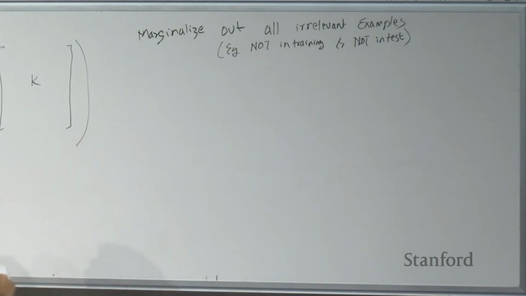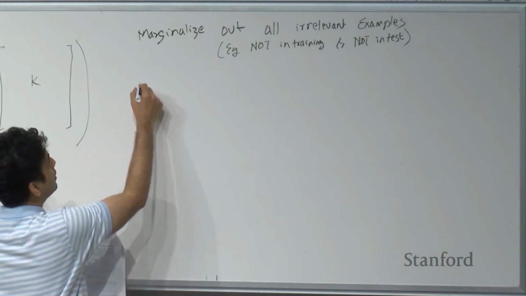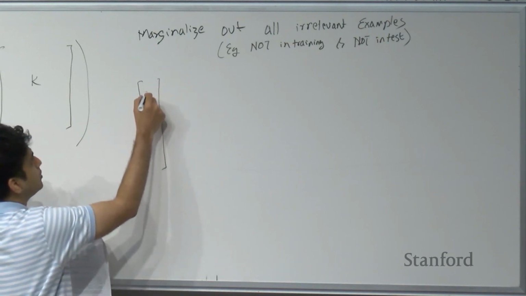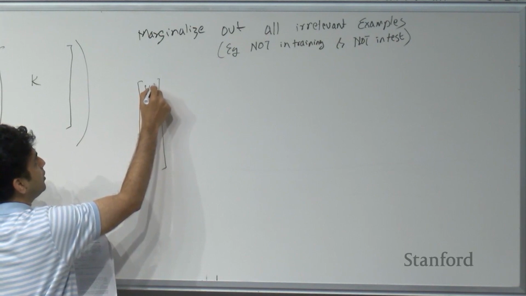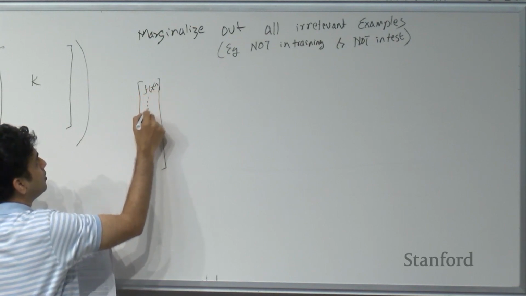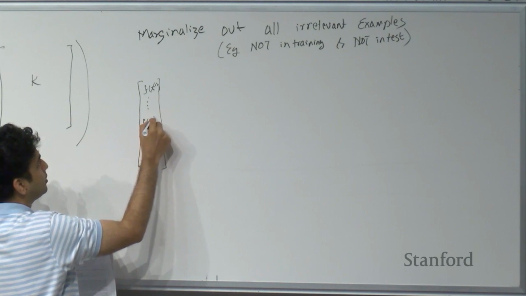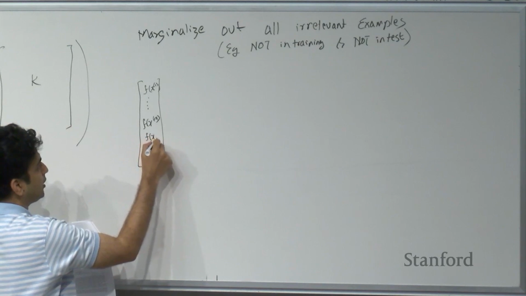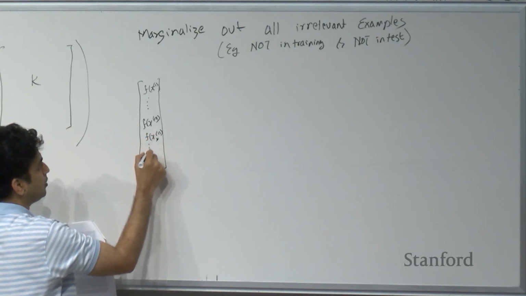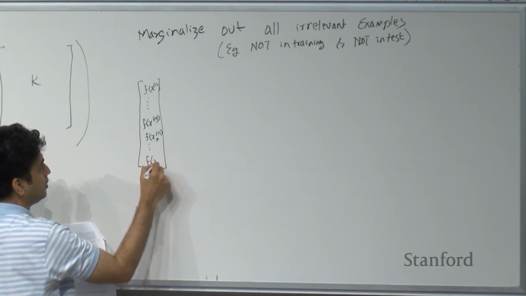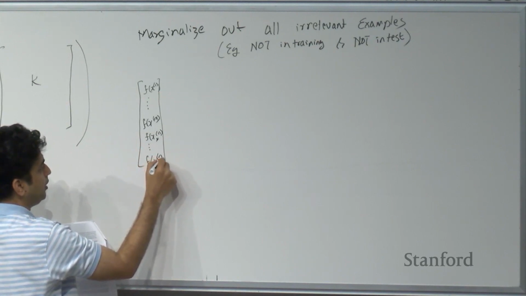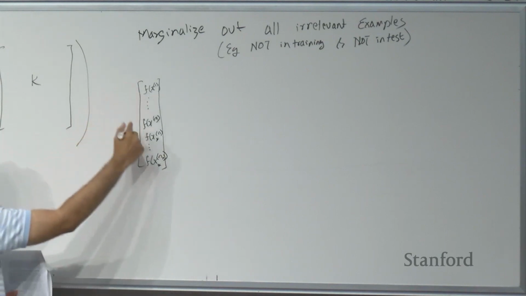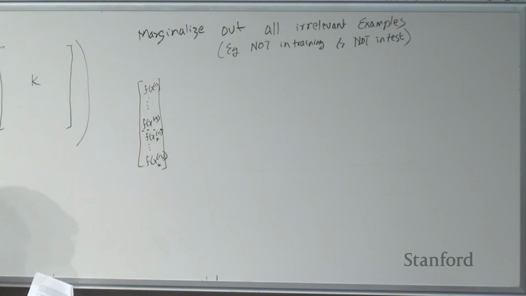Then we basically get something that looks like this: f of x1, up to f of xn, and then f of x star 1 until f of x star n star. The set of all examples in our training set and the set of all examples in our test set.